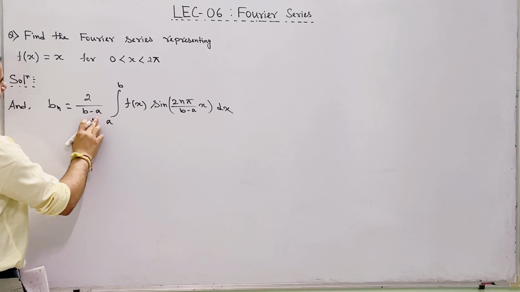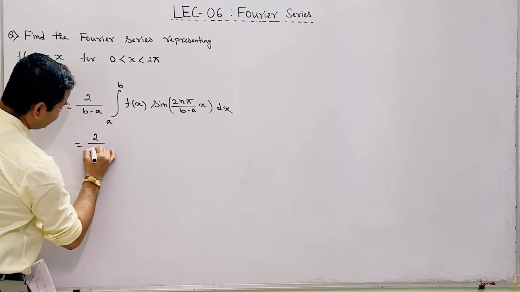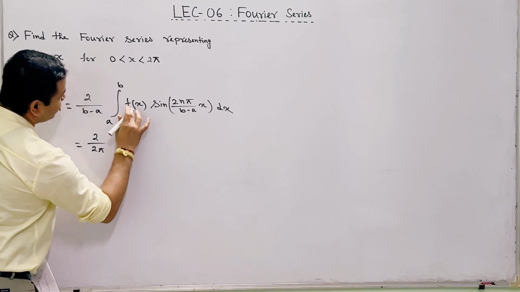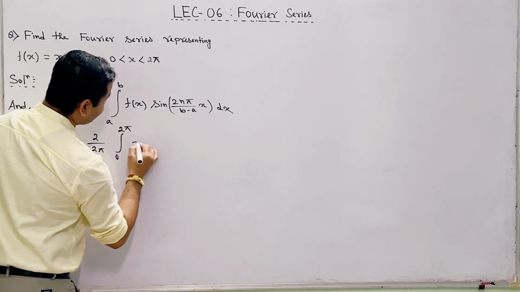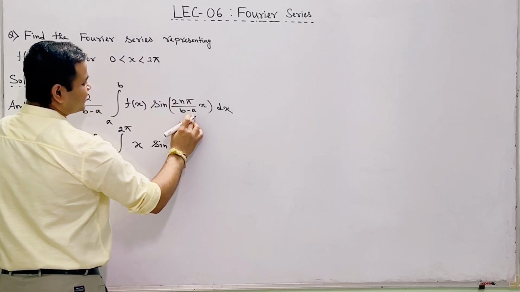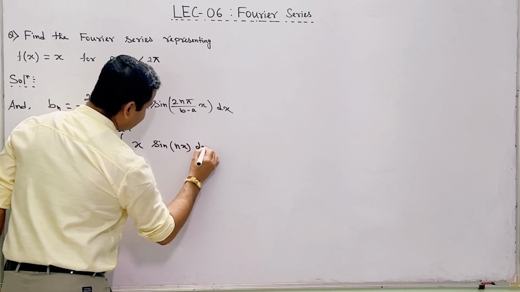So, b minus a value is twice pi. So, we will get 2 divided by twice pi integration 0 to 2 pi, f x means x, sin twice n pi divided by b minus a into x will be equal to sin nx into dx.